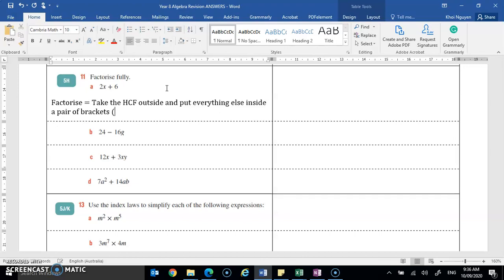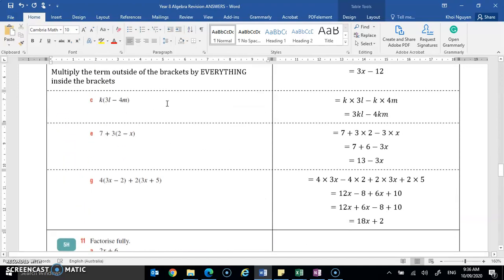Okay, so basically you can think of this as being the opposite to expanding. We did expanding in question 10. So here we take everything outside of the brackets. We start with a pair of brackets or maybe two, and then once we're done with the expansion, you can see that there's no brackets to be found.